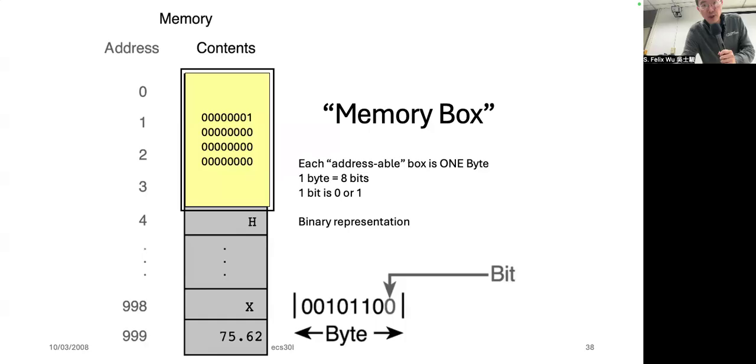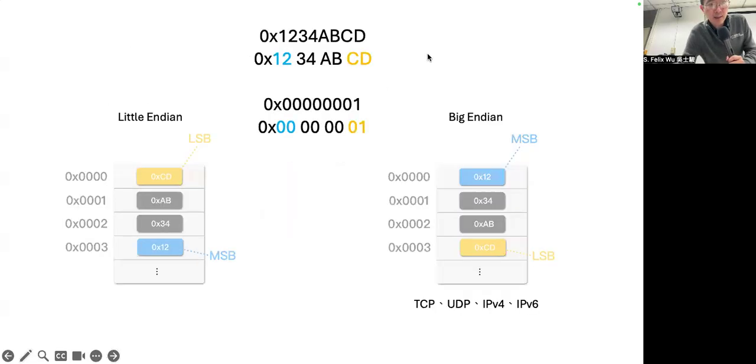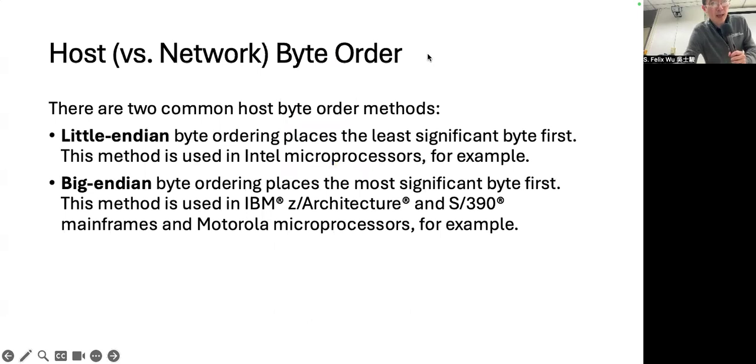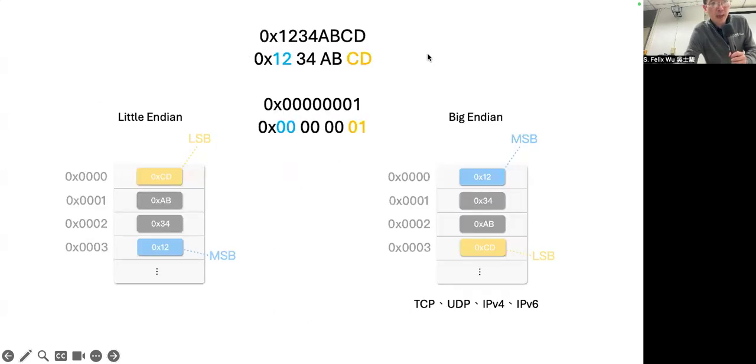By the way, I want to show you this slide. I have host versus network byte order. This is a more graphical representation. Assume I want to send 1, 2, 3, 4, A, B, C, D, which is 8 hexadecimal digits, a 32-bit piece of information.